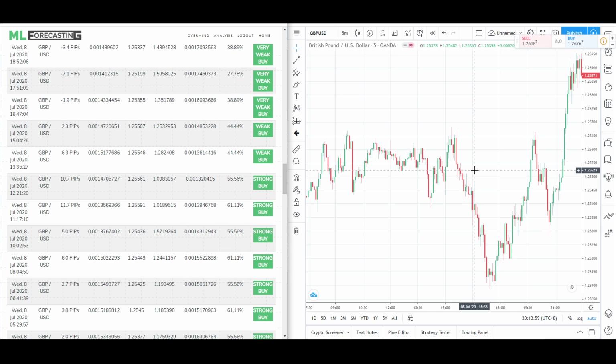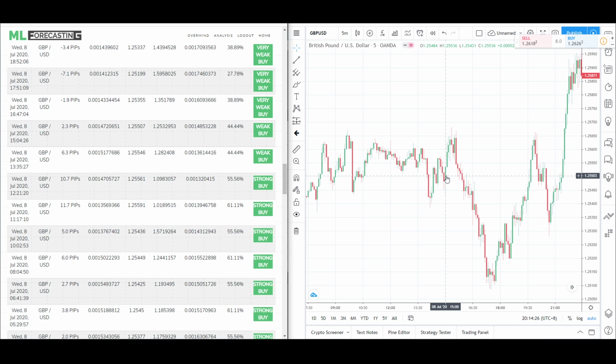Okay, so we got a weak buy, and then a weak. Strong. How many of them? 1, 2, 3, 4, 5, 6 will do. 2, 4, 6. Cool. So 1504.